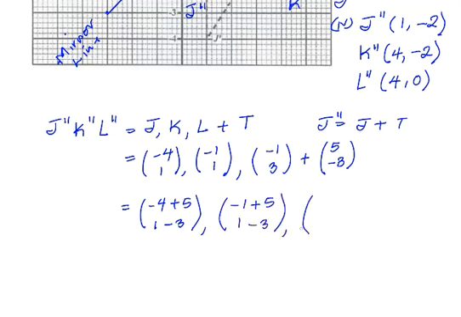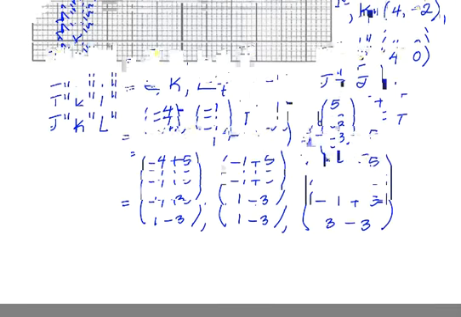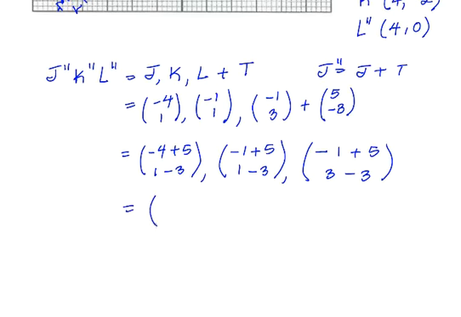And we would have -1 plus 5 and 3 minus 3. And so we would end up with (1, -2). We would end up with (4, -2). And we would end up with (4, 0).